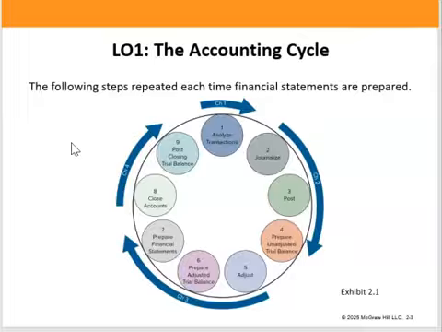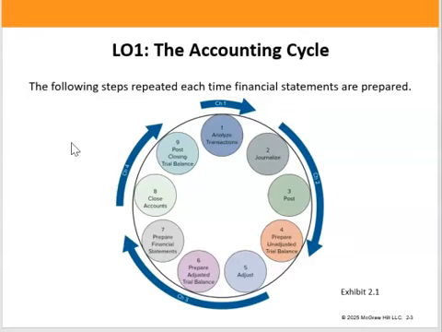Then we're going to prepare what's called an unadjusted trial balance, okay? And a trial balance, as you'll see later in this chapter, is where all the balances from all of the accounts at the end of the period are listed to make sure that you see it all on one piece of paper or on one screen, and you can see if the numbers make sense.